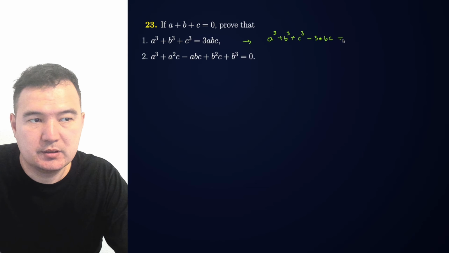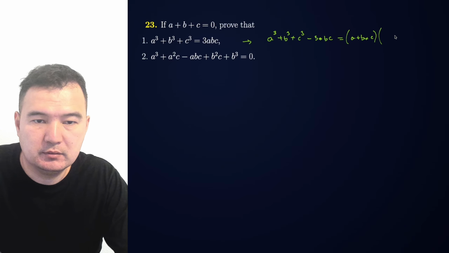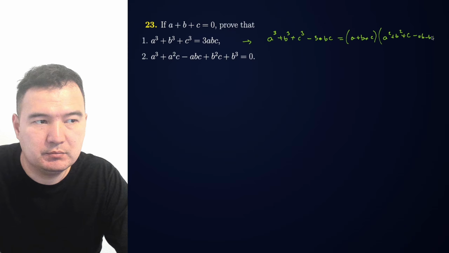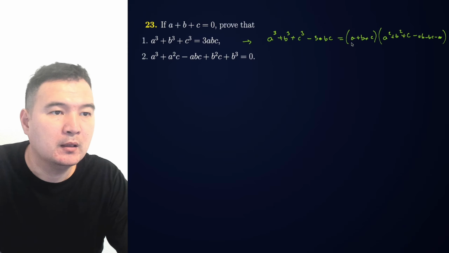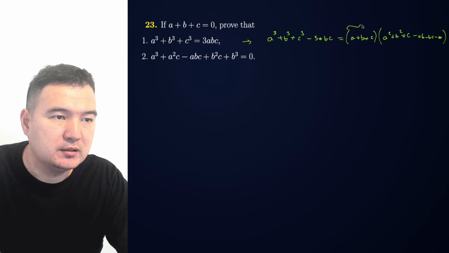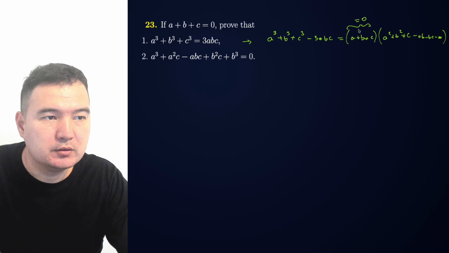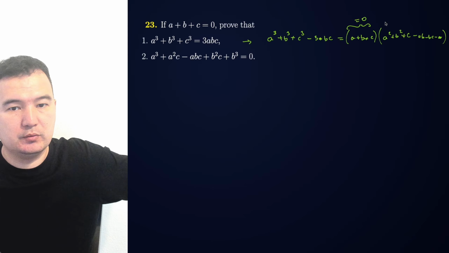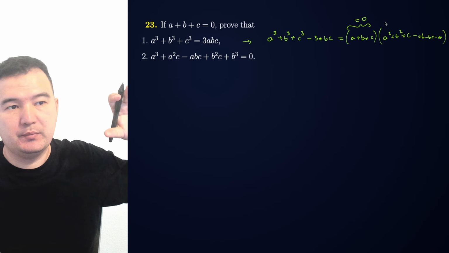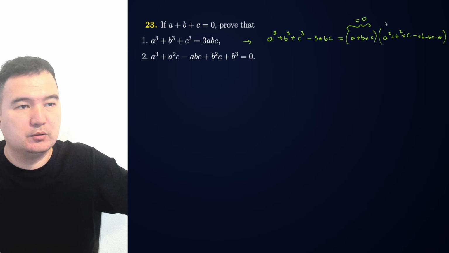This expression can be factorized as a plus b plus c, and then the second factor is a squared plus b squared plus c squared minus ab minus bc minus ca. Yeah, I think that's the correct one. So when you set this equal to 0, the entire left side is equal to 0, and that makes a cube plus b cube plus c cube equal to 3abc.